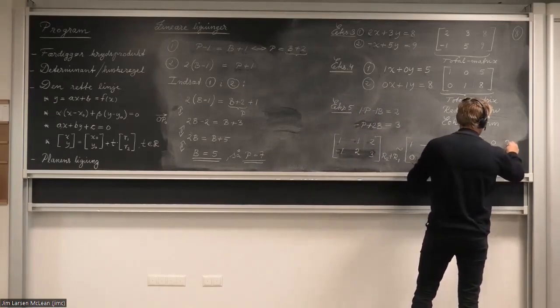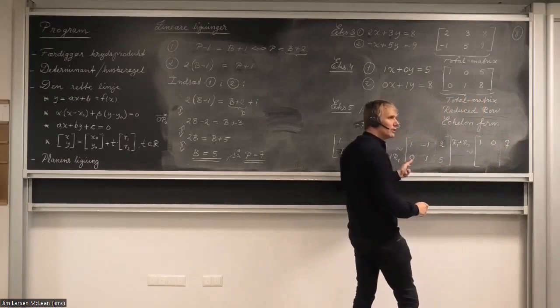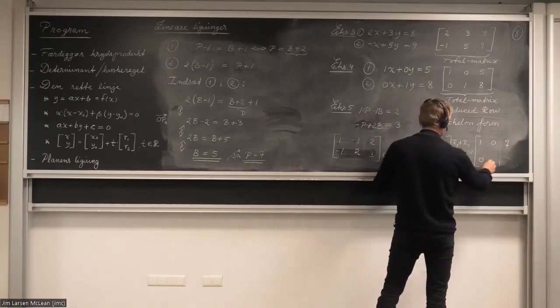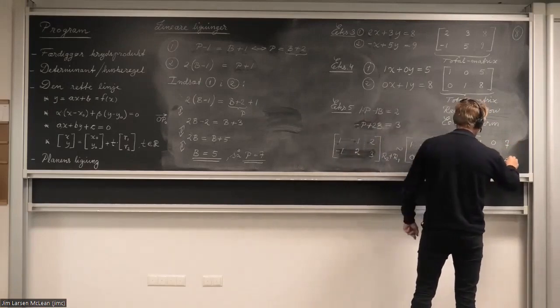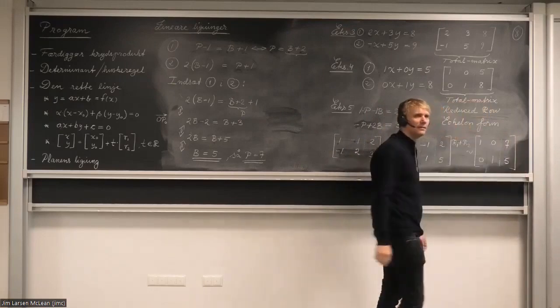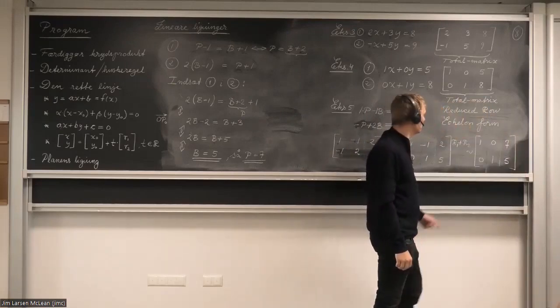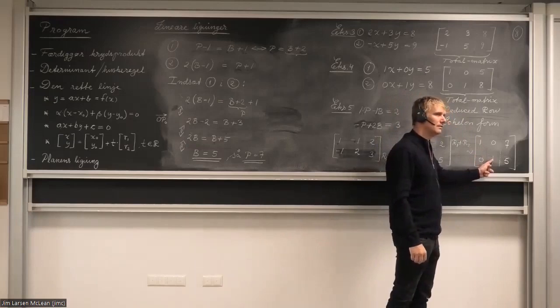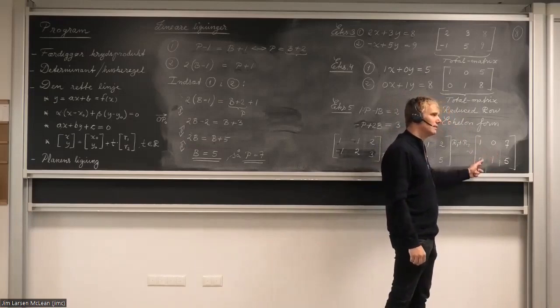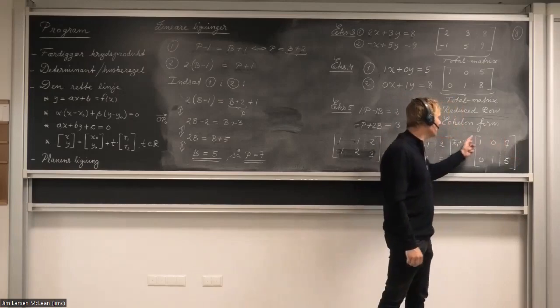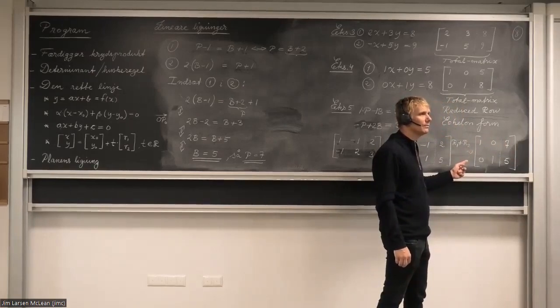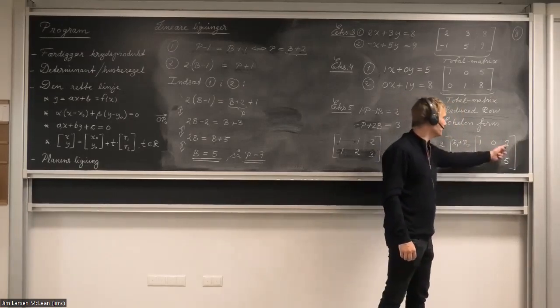And down here I have not done anything, so I will copy paste that 0, 1, 5. And now it's done. Now there is a one in the diagonal and zeros outside the diagonal, so I have achieved a complete matrix in reduced row echelon form, and here are the solutions.